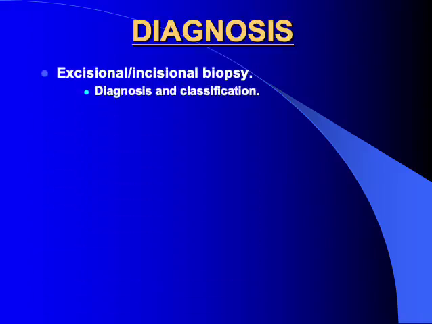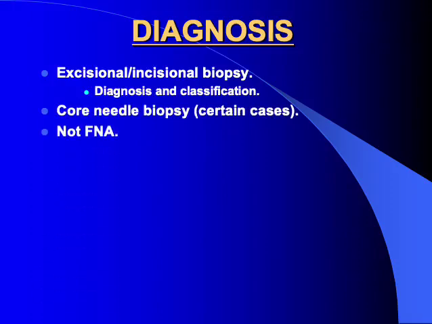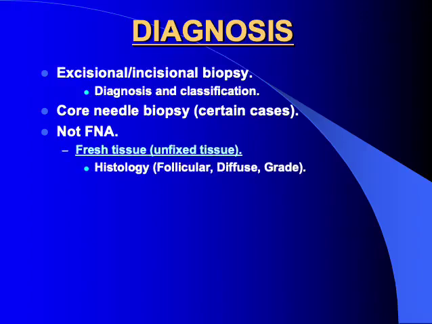Diagnosis. Tissue diagnosis requires excisional or incisional biopsy, not only for diagnosis but also for classification, which will guide the treatment. Core needle biopsy is acceptable in certain cases. Please do not do fine needle aspiration, FNA, to diagnose lymphoma. The tissue should be fresh tissue, not fixed in formalin.